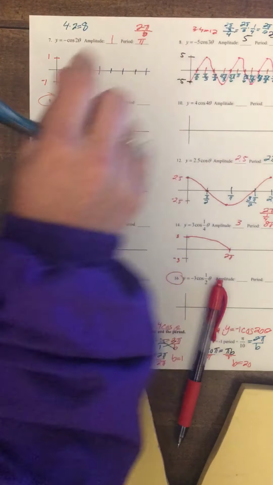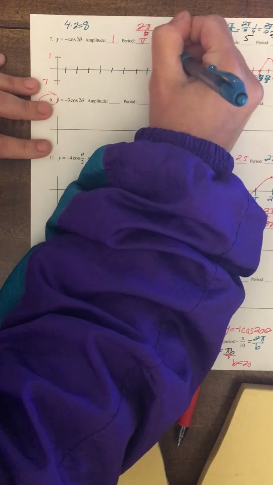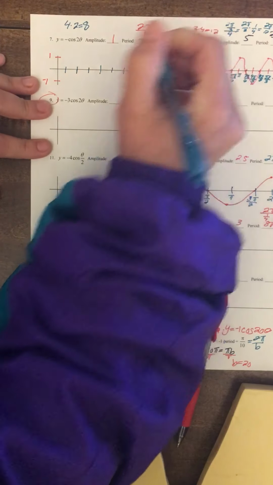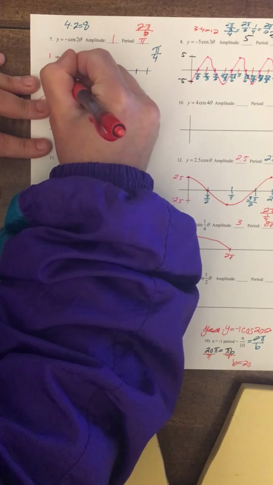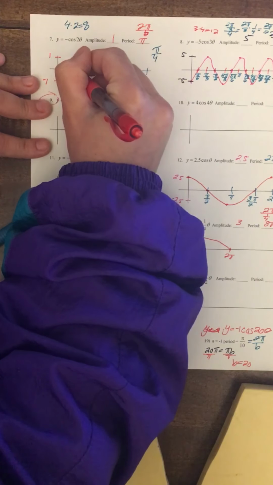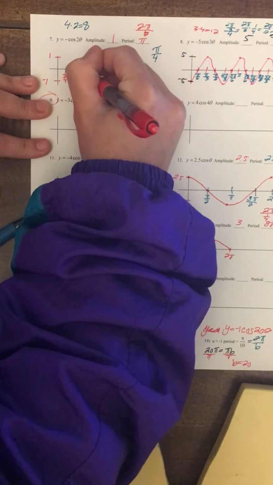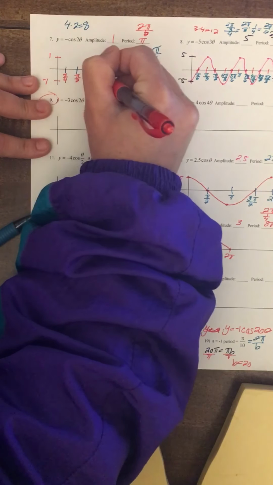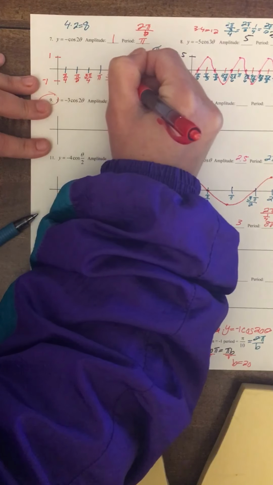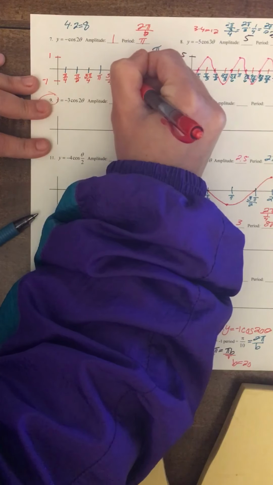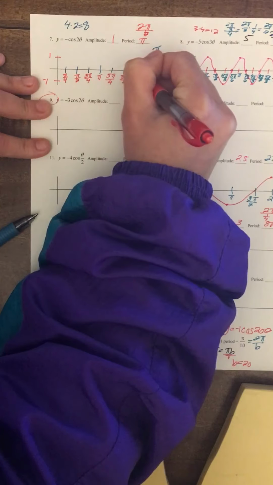Now to determine how much each of these parts are, we're going to have to take our period and divide that by 4. So that means we're going to start here with pi over 4. This is 2 pi over 4, which is pi halves. 3 pi over 4. 4 pi over 4, which is pi. 5 pi over 4. 6 pi over 4, which is 3 pi over 2. 7 pi over 4.